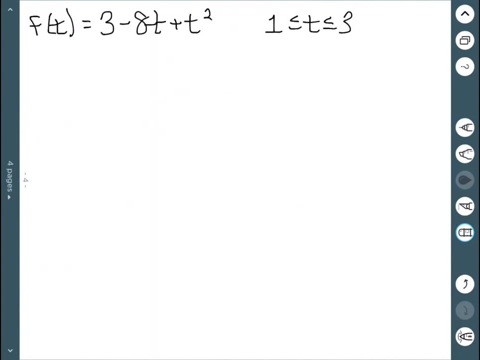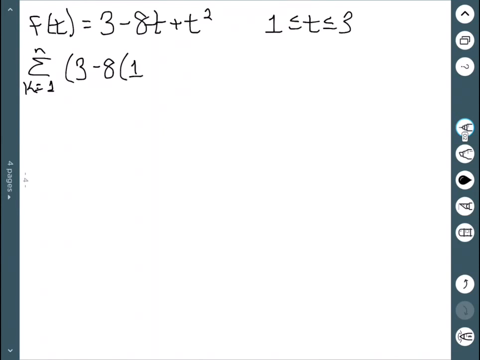Let's now look at our example. We have this function 3 minus 8t plus t squared between 1 and 3. So we're going to start with our sum from 1 to n of our function, f of t sub k star. And for t sub k star, we're going to use right endpoints.